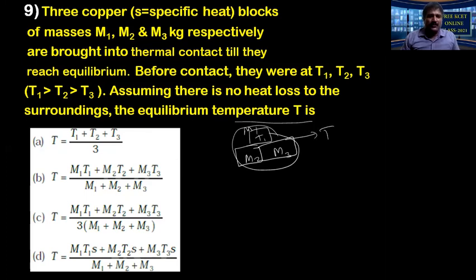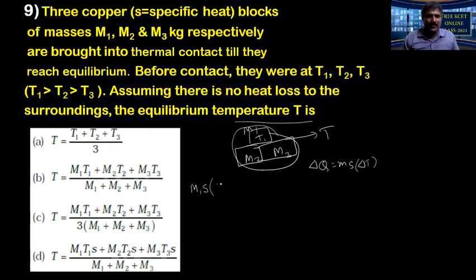So the hot body loses heat energy, whereas the cold body gains heat energy. We already know the heat change, delta Q, in terms of mass into specific heat into change in temperature, ms delta T. This is the amount of heat energy gained or lost whenever the temperature of the body changes. If you write for body M1, it is mass M1 into specific heat, same for all copper blocks, into change in temperature, heat lost by that hot body.